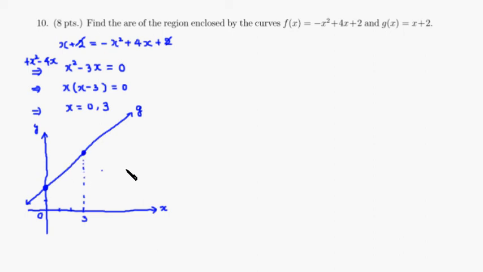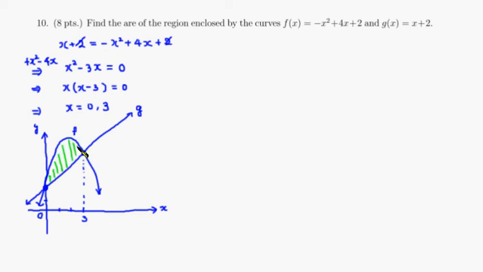So it's a parabola facing down and going through those two points. It doesn't have to be precise, but the enclosed region is bounded below by the straight line, which is g, and bounded above by f of x. The region we are looking at is this one right here.